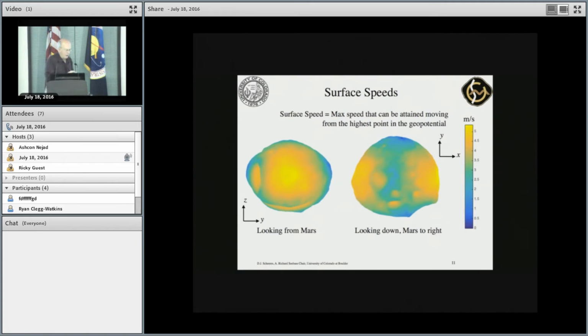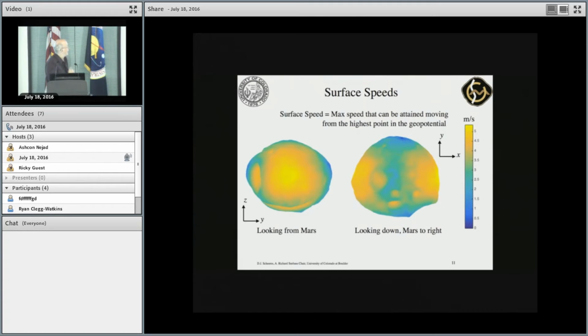The first one is what we call surface speed. This is the maximum speed that you can attain if you just roll downhill in the Phobos environment. The highest point in the geopotential, as I mentioned, is at the trailing edge of Phobos. The leading edge is also relatively high. If you took a marble at this point and rolled it downhill, by the time it got down to the sub-Mars point, ignoring friction, which of course is important, you would get speeds up to 5 meters per second or so.